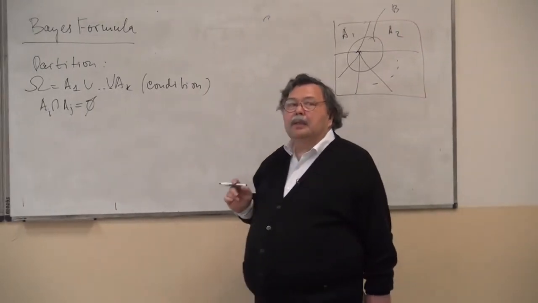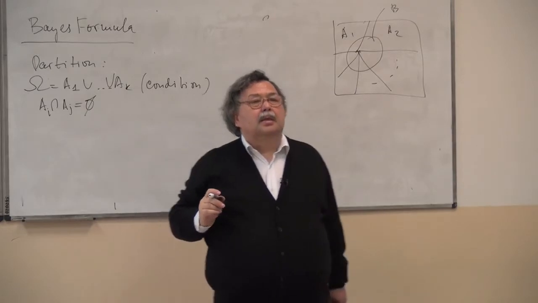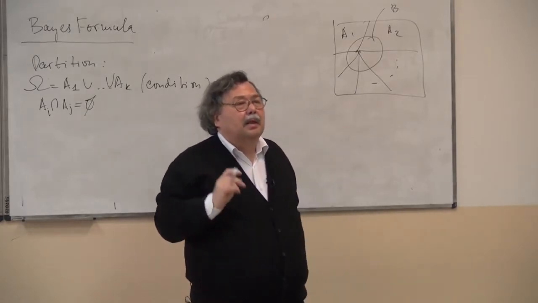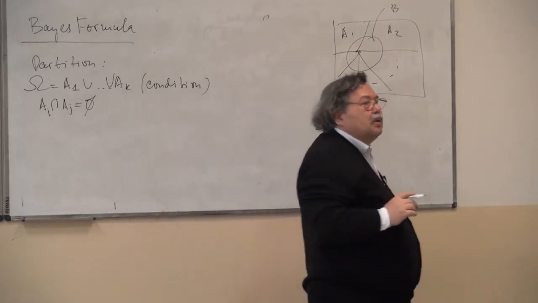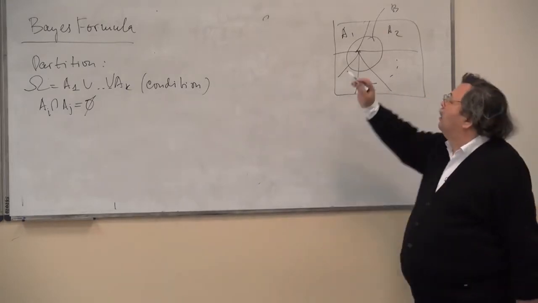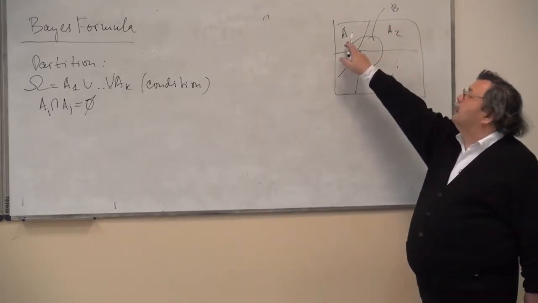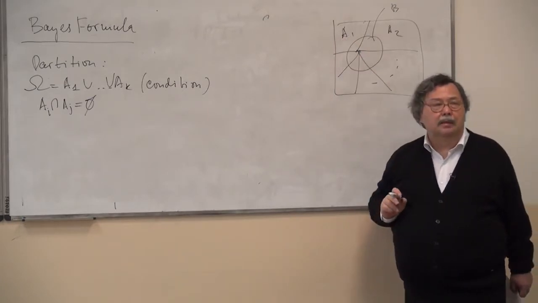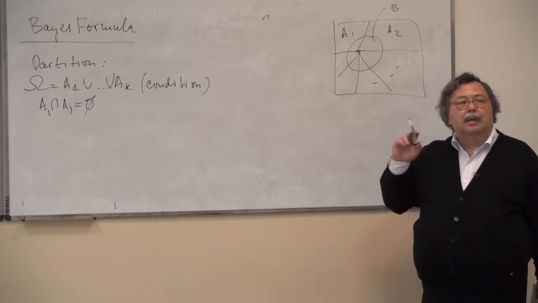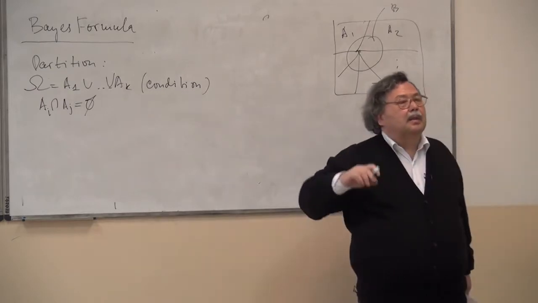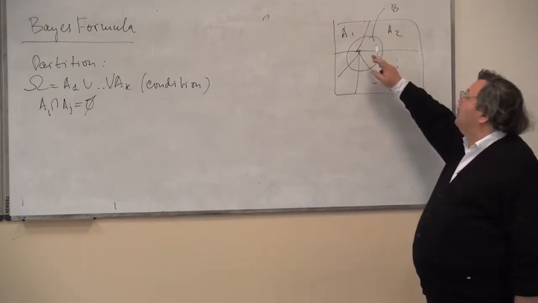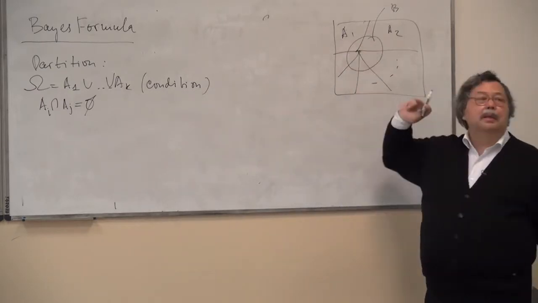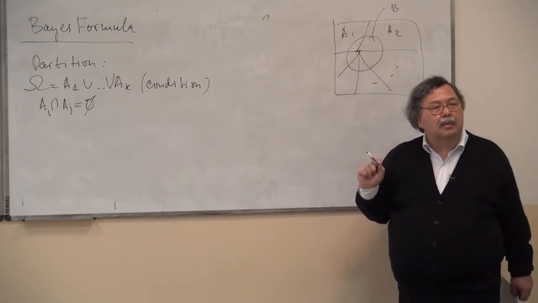Now, we can ask this question. Suppose now that B has occurred. What's the probability that it occurs in combination with A1? We can interpret it as the conditional probability of A1 given B. Do you understand the question?